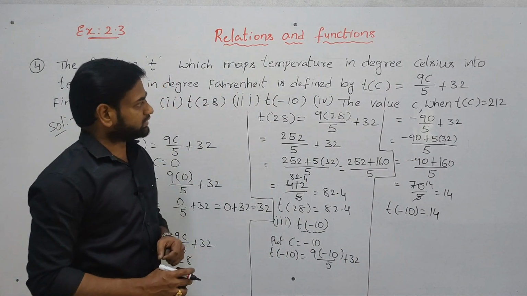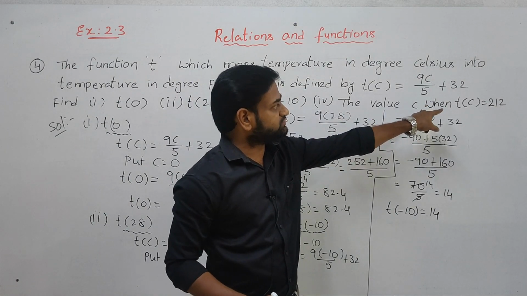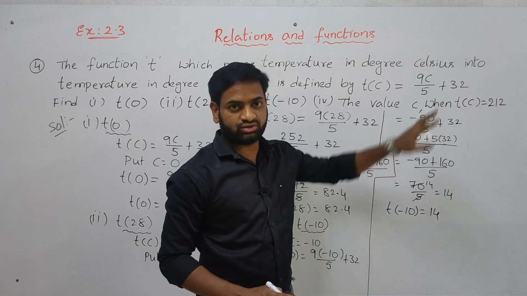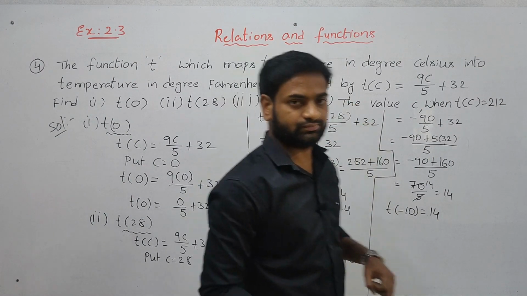And the fourth one is the value of c when t of c is 212. We have to find the c value.